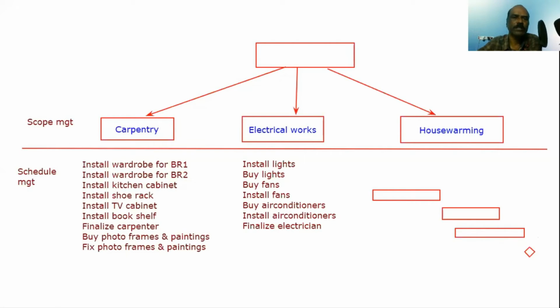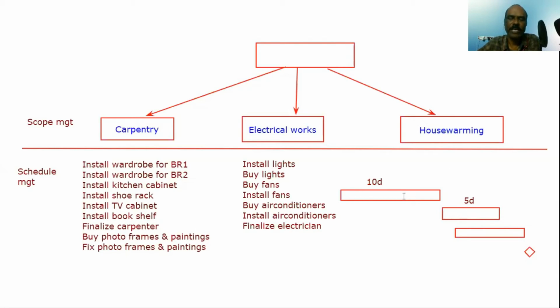Activities will have duration. The length of the bar indicates the duration. The longer the bar, the longer the duration, right? For example, if this is like this, maybe this could be representing 10 days, whereas this is smaller, probably representing 5 days.